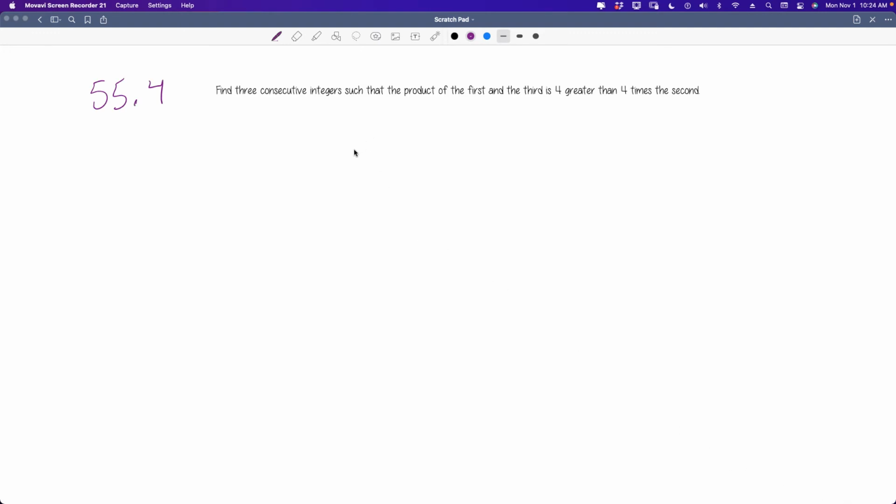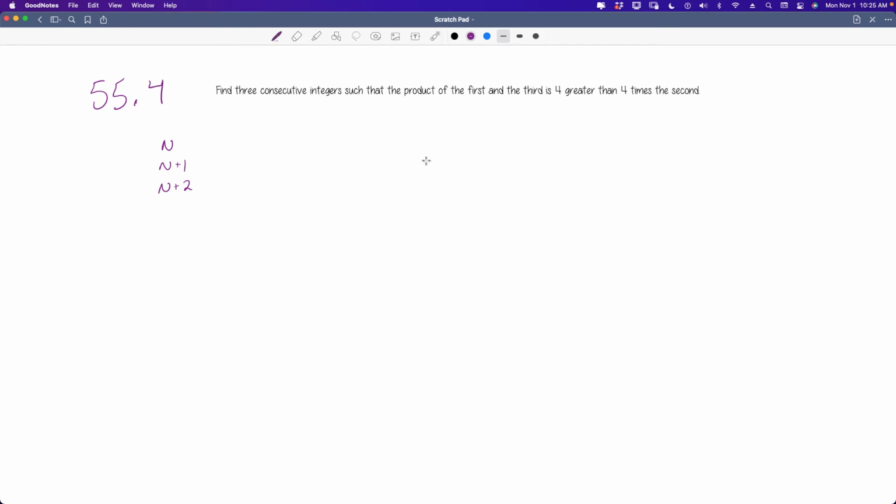Find 3 consecutive integers such that the product of the first and the third is 4 greater than 4 times the second. So we would write that out. As always, we begin with the integers as n, so we have n plus 1, and n plus 2. So there's our first, second, and third integers. Now we write out the equation.